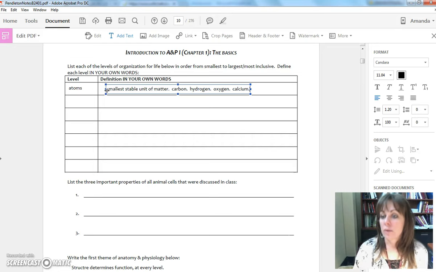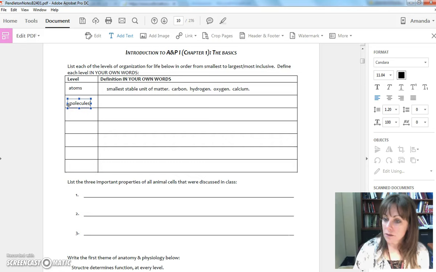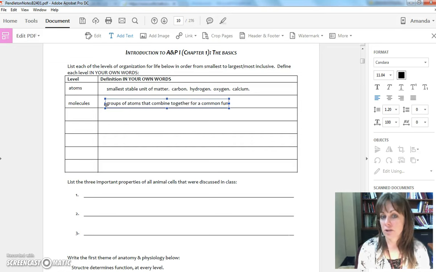Okay, so the next level, meaning that we're going to take these small parts and combine them into larger parts, is going to be molecules. So what are molecules? Molecules are going to be groups of atoms that combine together for a common function. Okay, so what does that mean? Well, one example that you're probably familiar with would be H2O.